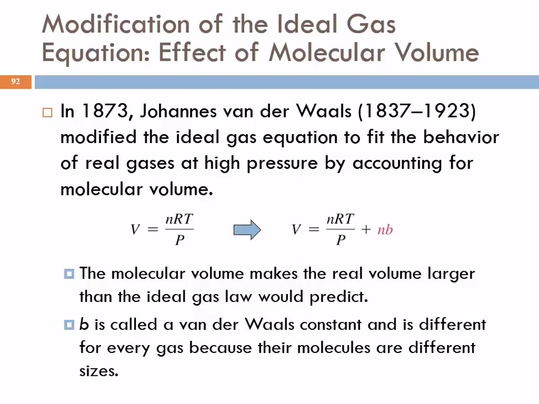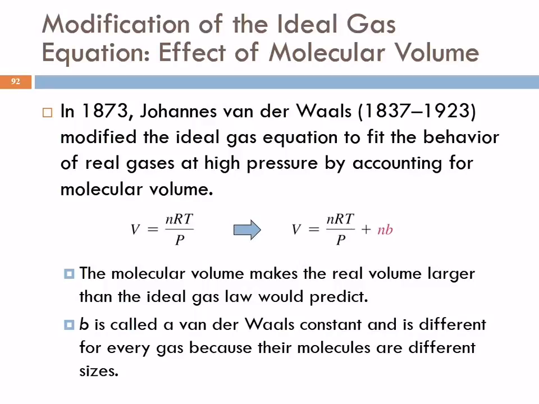So back in 1873, a guy named van der Waals adjusted the ideal gas equation to account for the real behavior of gases. And we're not going to do calculations with this on an exam. There might be one or two on homework questions.